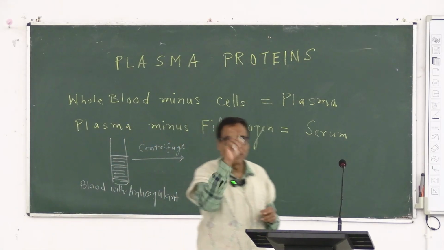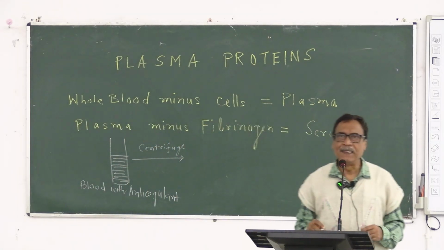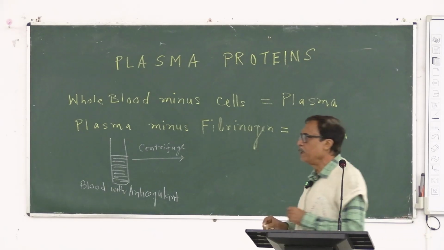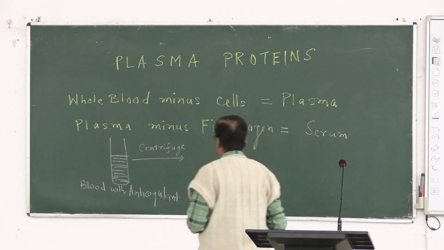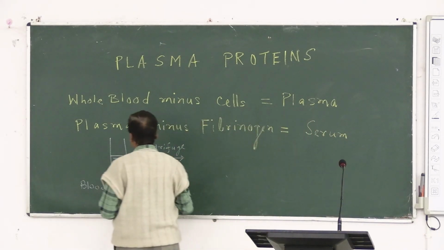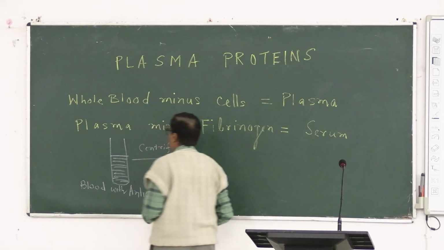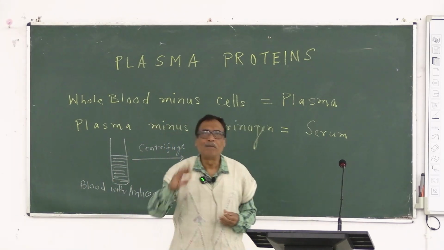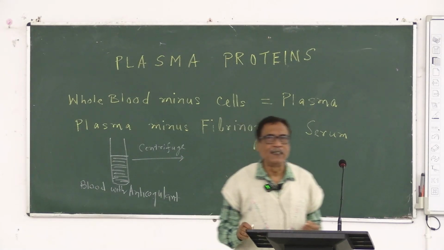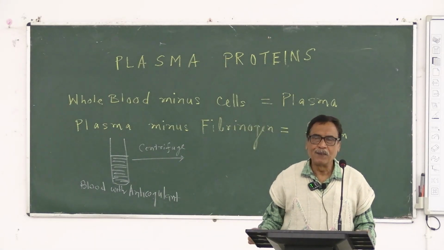Centrifuge means rotate in a machine known as a centrifuging machine. Then the cellular part will be at the bottom and the upper supernatant portion will be clear. The upper supernatant portion will be plasma.